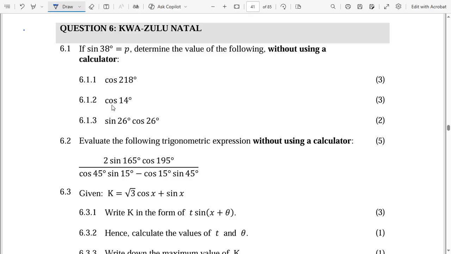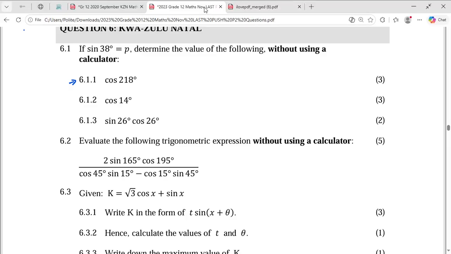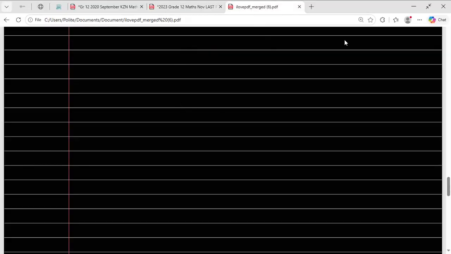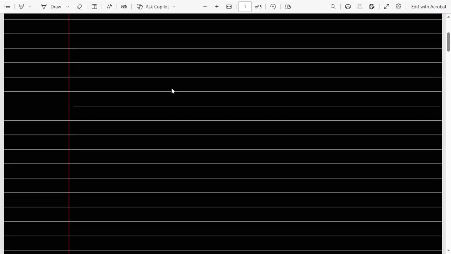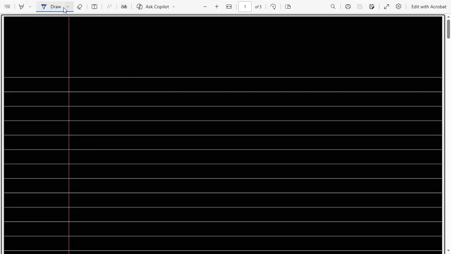Guys, before I even go to this 6.1.1, there are some of the things that I need to do. So I'm going to rewrite that sine 38 equals P and do my magic. Let me go and do that and see what I can do from that part, okay? Let's see.